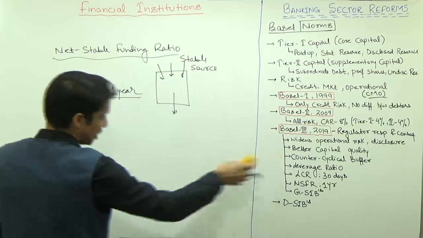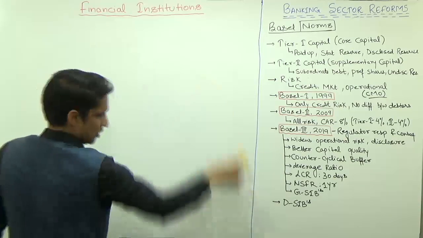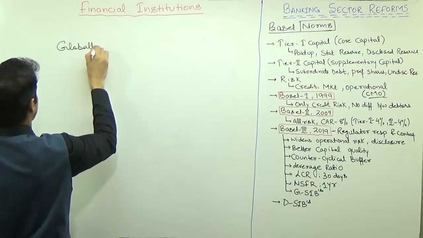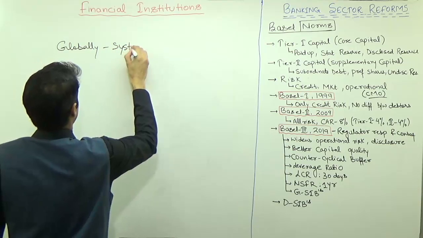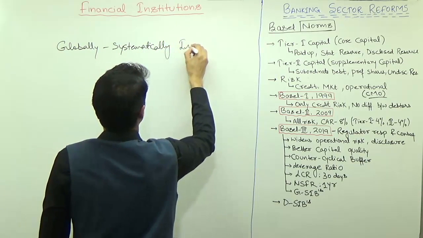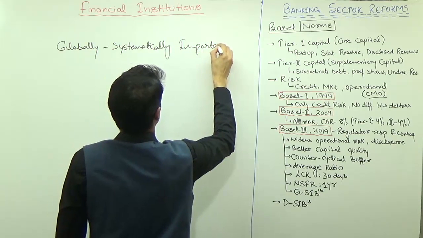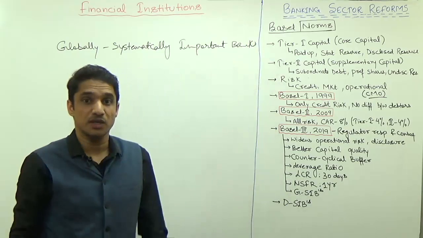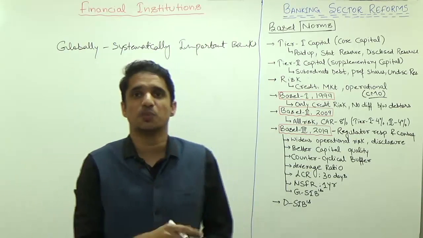Then the last initiative is G-SIB. G-SIB is nothing but globally systematically important banks. Just like Lehman Brothers filed bankruptcy. Lehman Brothers was such a huge bank.